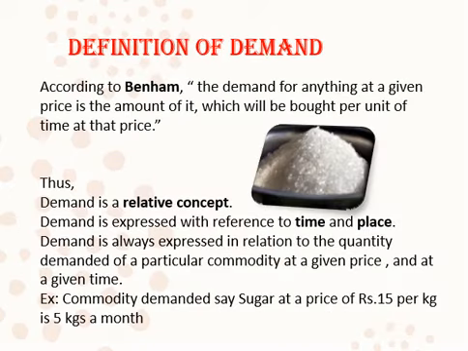Then we understood the definition given by Benham, wherein he says that the demand for anything at a given price is the amount of it which will be bought per unit at a particular price, which in short means that demand is a relative concept in respect to time and place as well as quantity.